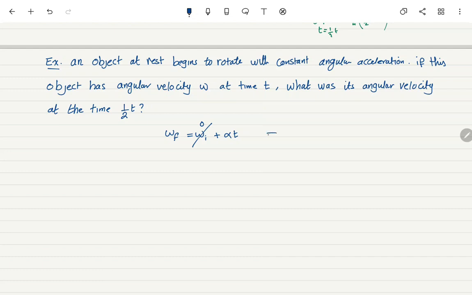So in this case, omega final is related with t. Dropping the time to half t will drop the omega final to half omega. In other words, omega at t equal to t is alpha t. Now omega when t equals half t is half alpha t.